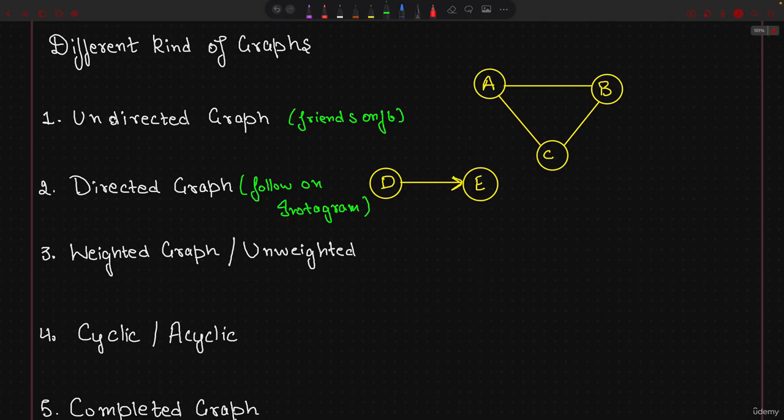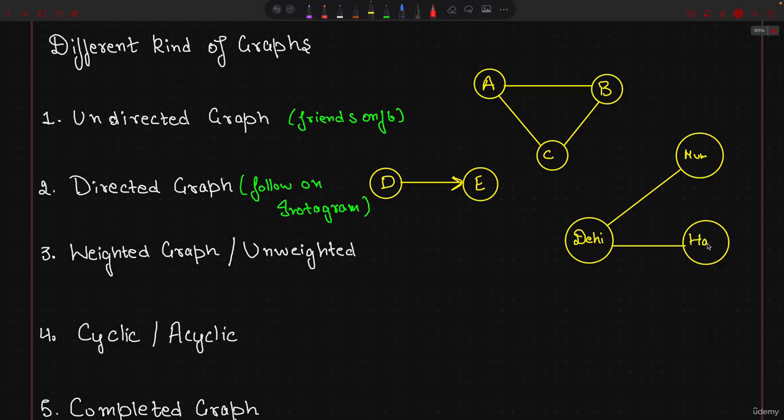Great. Now the next one is the weighted or unweighted graph. Again, the understanding is very simple. Let's say we have some map, and we have some city, let's say Delhi, and it gets connected to Mumbai. Now there is a distance or some weight which is associated. From Delhi to Haryana, which is pretty near, the distance overall is going to be 200, for example, and the other can be 500.